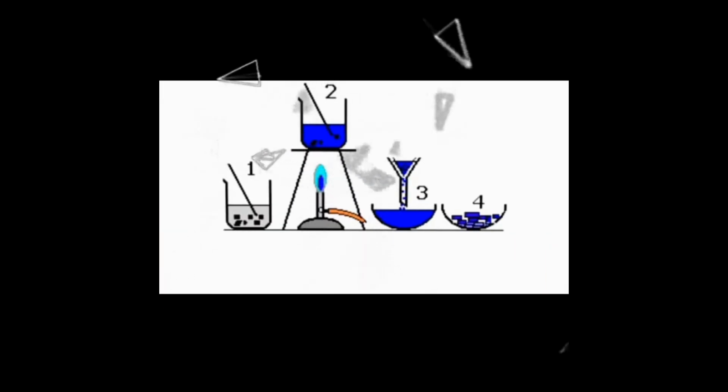This is the process in which we dissolve copper sulfate or potassium nitrate into water. Afterwards, we heat it on a flame to make a supersaturated solution. After making the supersaturated solution, filter it using filter paper.